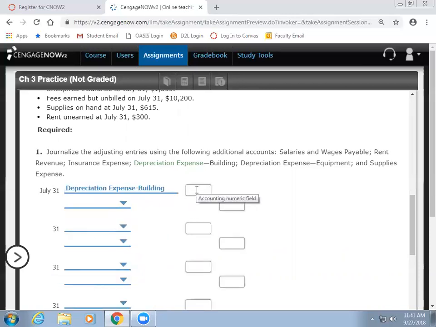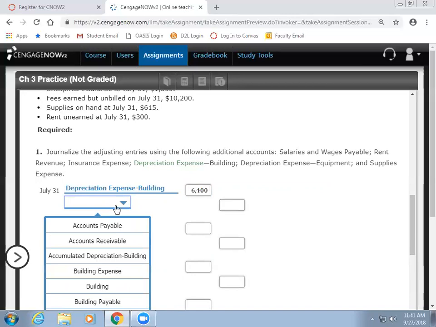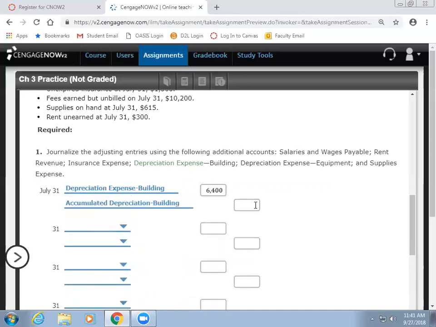And that was for $6,400. And what do I credit? Accumulated depreciation. Very good. Accumulated depreciation, again, on the building for $6,400.